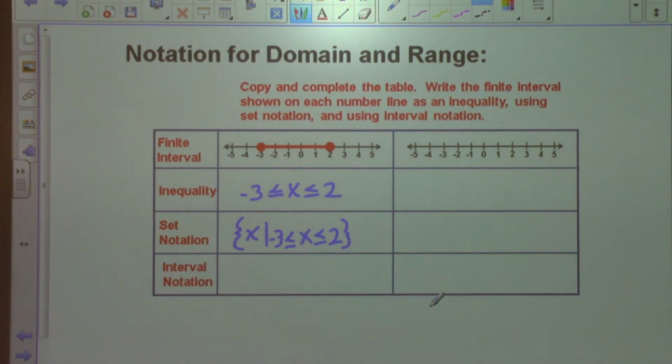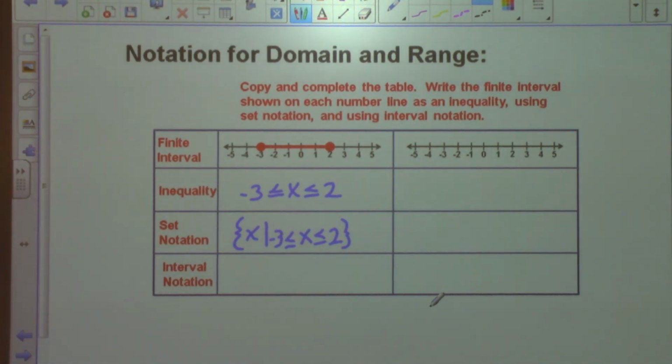Very, very similar. Between those two, which one do you think I like better, inequality or set notation? Inequality, because it's usually more abbreviated. Not always. I'm going to show you a well-abbreviated set notation example pretty soon, but yes, I'm with you there.